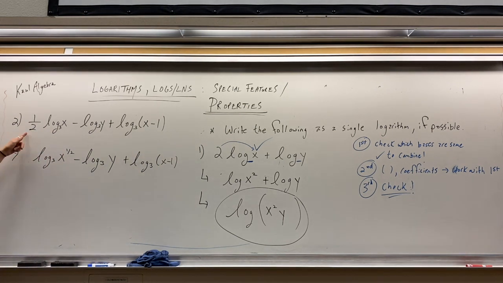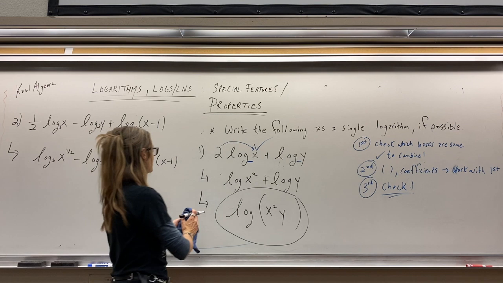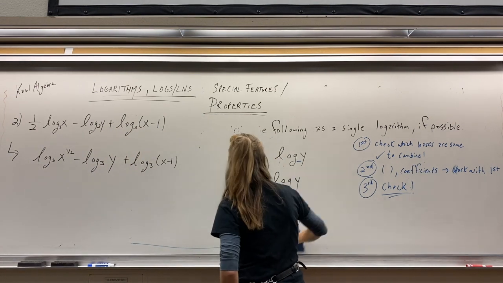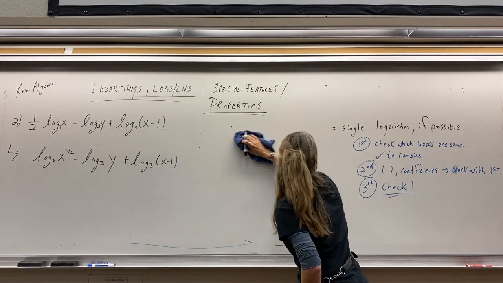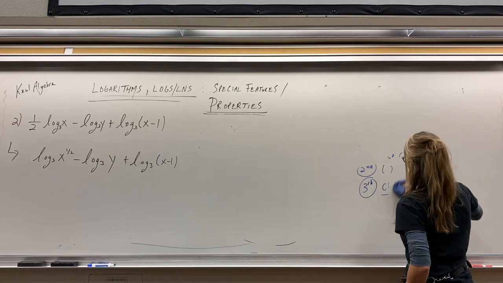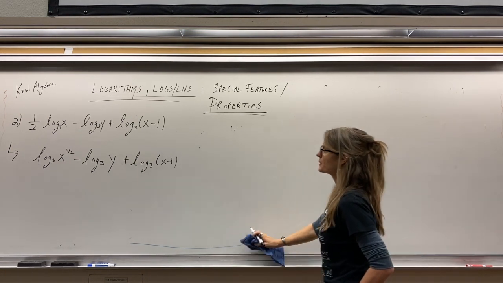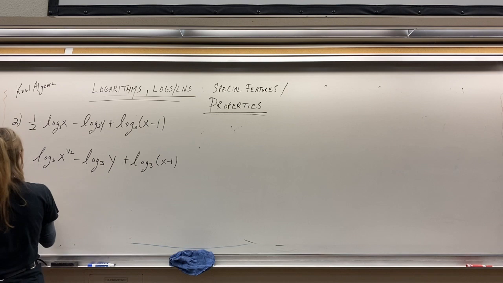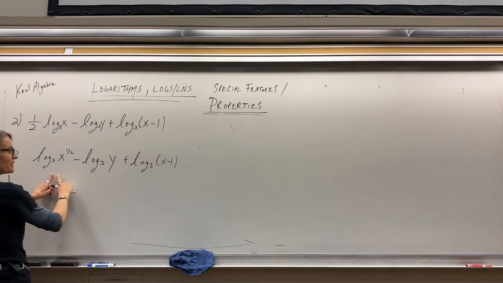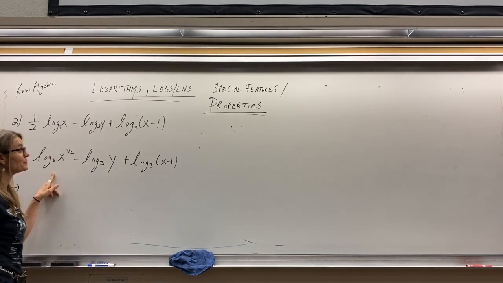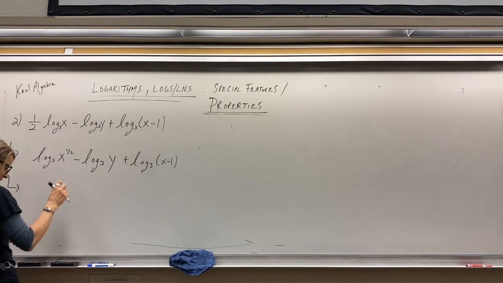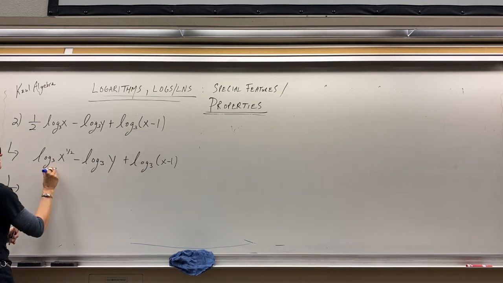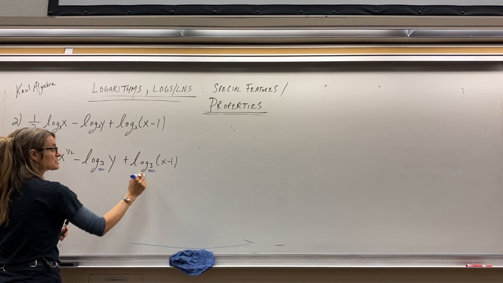Okay, so this is the only one that had a coefficient that I applied. What I want to do at this point is squish them together. So notice they all have the same base. This base is the same as this base, is the same as this base.